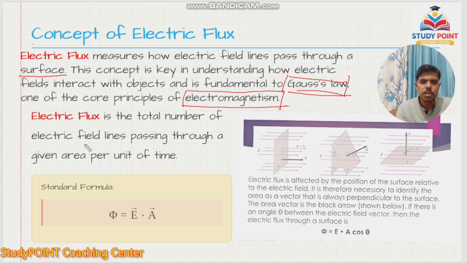Per unit time में जितना भी किसी एक सरफेस से या किसी भी एक एरिया से जितनी भी इलेक्ट्रिक फील्ड लाइंस पास होती हैं, उस अमाउंट ऑफ इलेक्ट्रिक फील्ड लाइंस को हम इलेक्ट्रिक फ्लक्स बोलते हैं. It is denoted by a Greek letter phi, and it is the dot product of electric field and area vector.